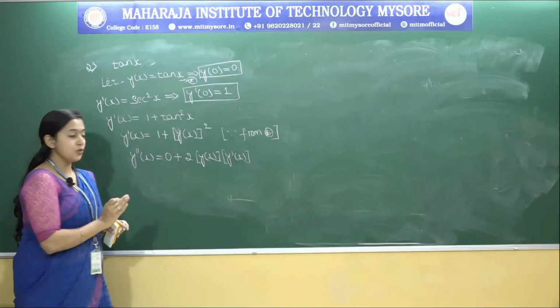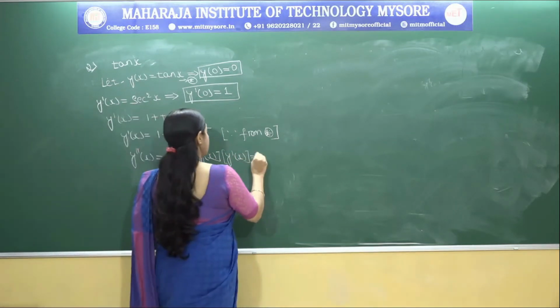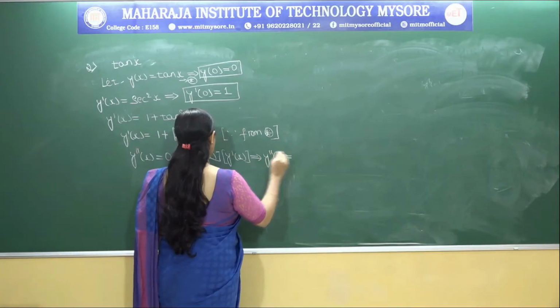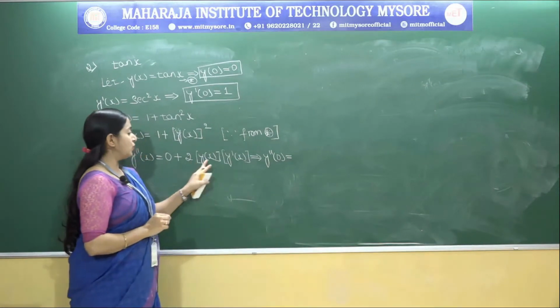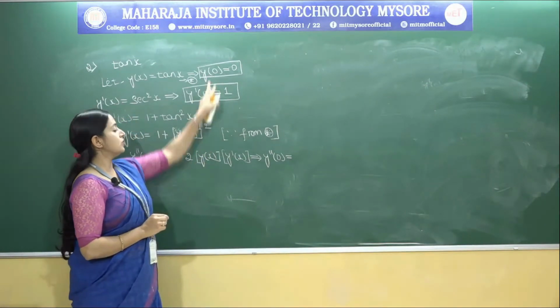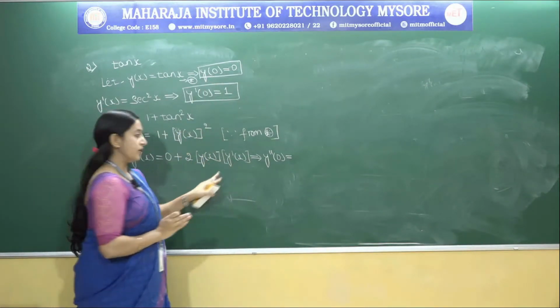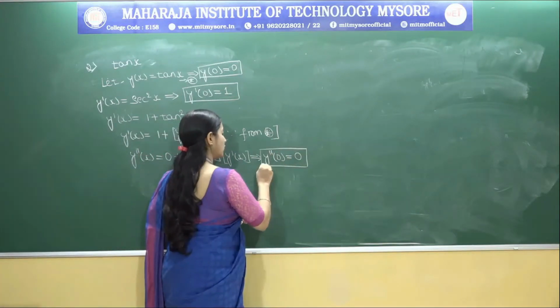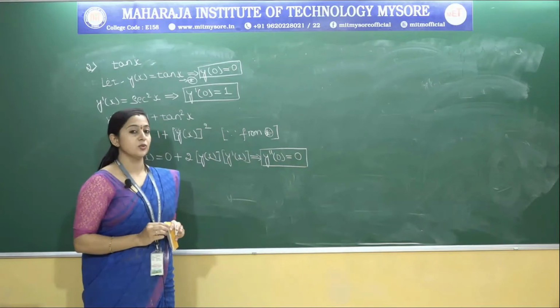Then put x equal to 0 in this step itself. So I take the y double dash of 0. This equals 2 into y of 0, and since y of 0 equals 0, the whole product becomes 0. So the y double dash of 0 equals 0.